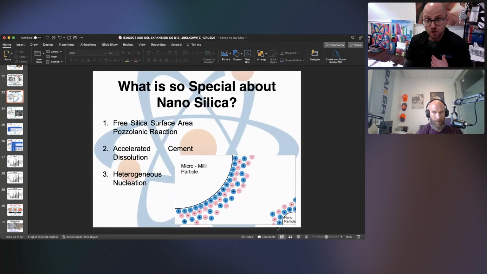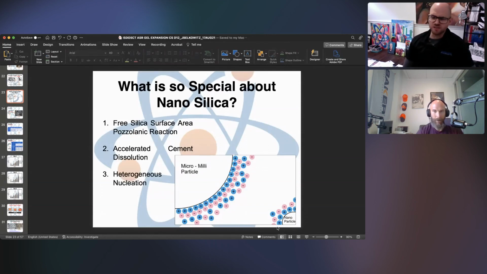Because of that smaller force field, it will have something called heterogeneous nucleation, which is a really fancy schmancy way of saying because something is small, other things will want to grow on the surface. So that calcium silicate hydrate will interact with this nanosilica and want to grow on the surface, and then we'll have more germination of this calcium silicate hydrate, which is the backbone of concrete strength.